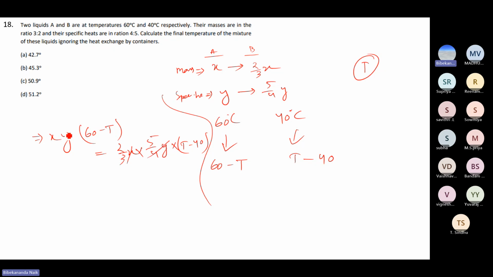So XY gets cancelled out. 60 minus T is equal to 10/12 into T minus 40.